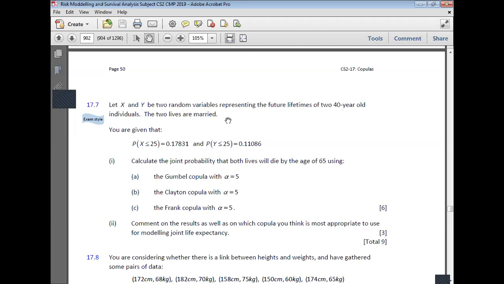And again, remember, we are given that x is less than or equal to 25, but what we have to figure out the copula for is something around 65.